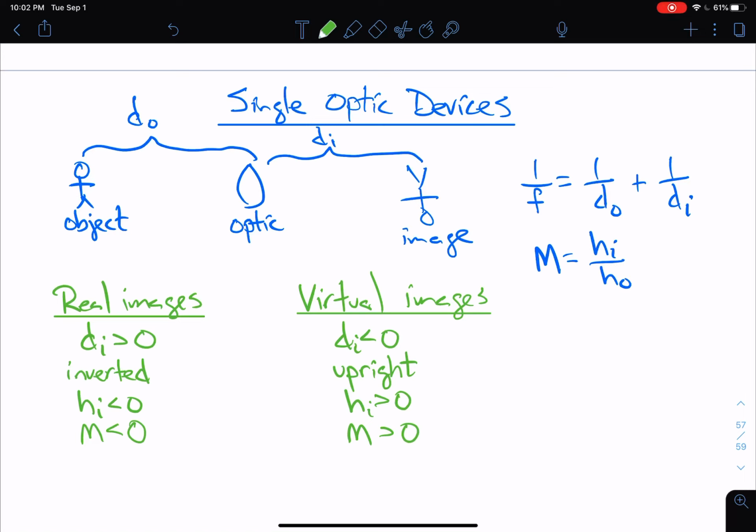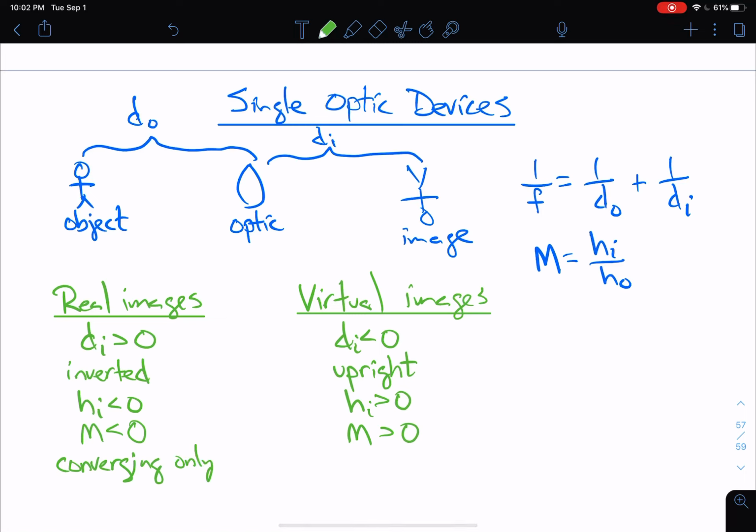Now, for real images, these can only be created by converging optics. Now, what is a converging optic? The converging optics, when light passes through them, the tendency is for the optic to bring the light together.